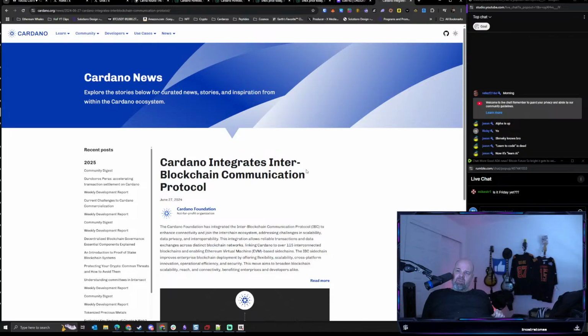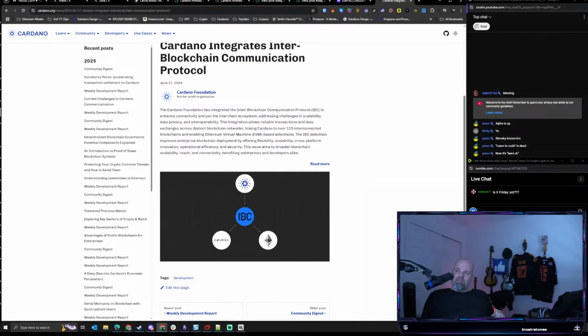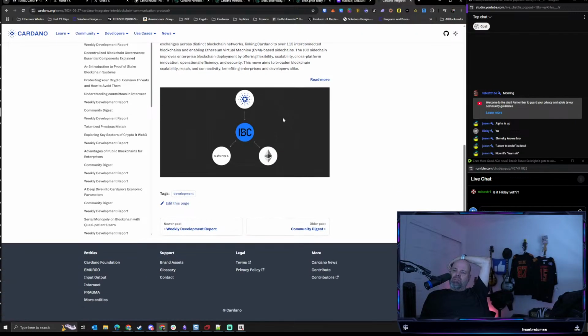Cardano integrates with IBC. This also enables the Ethereum virtual machine, something that Crypto Angler won't shut up about. There you go.